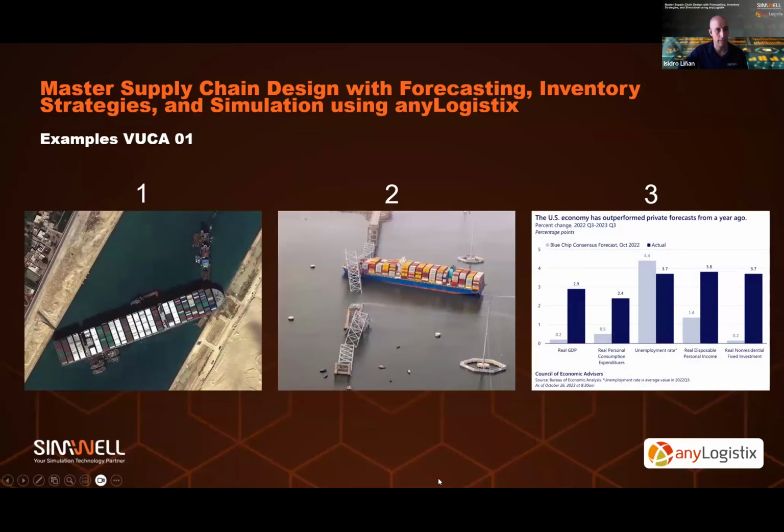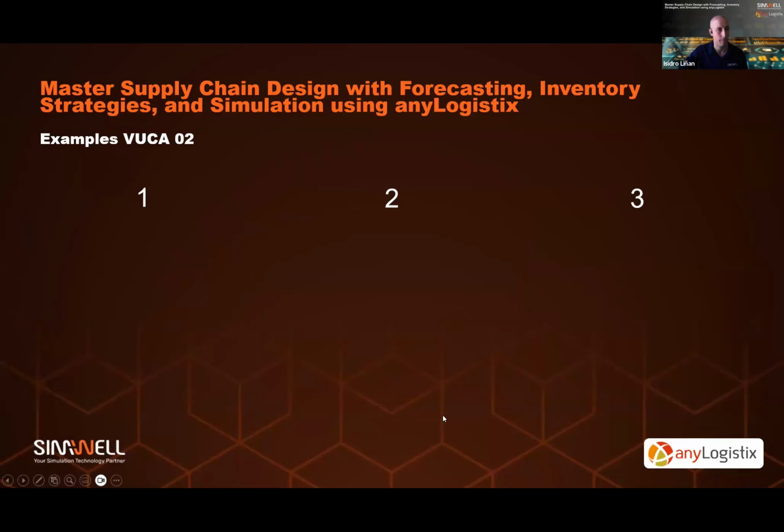And then we have another example in which even the experts had a really hard time anticipating what the demand would be for 2023. While they predicted a recession, the economy performed differently and surprised many of the experts that predicted a recession.